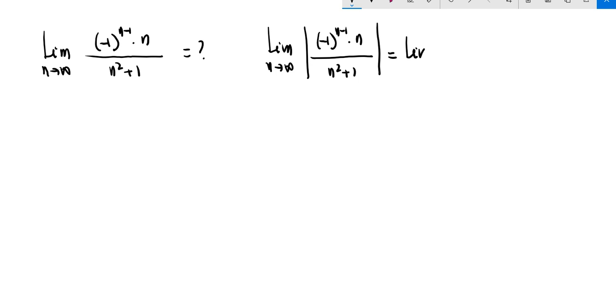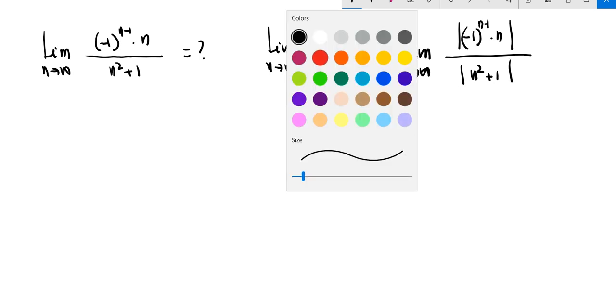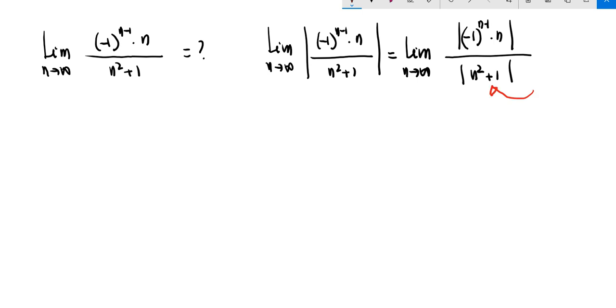The limit of a ratio is a ratio of limits, so we get the absolute value of (-1)^(n-1) times n, over the absolute value of n squared plus 1. And again, notice that this thing here is positive, so we can safely remove the absolute value.